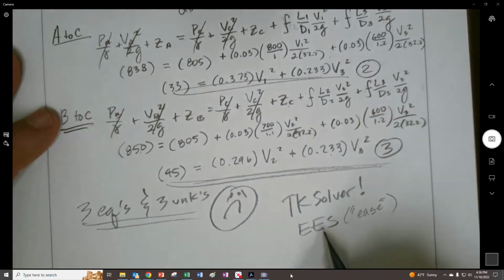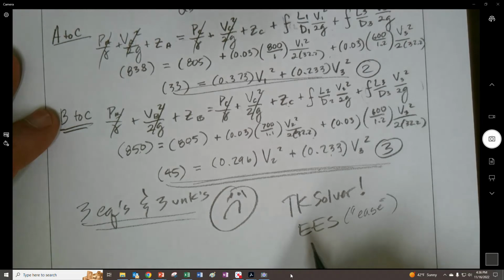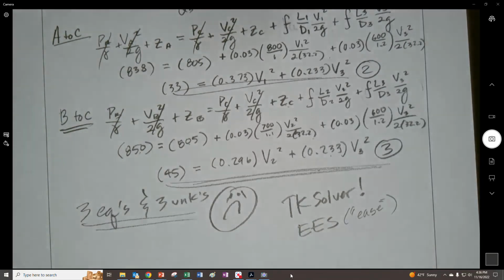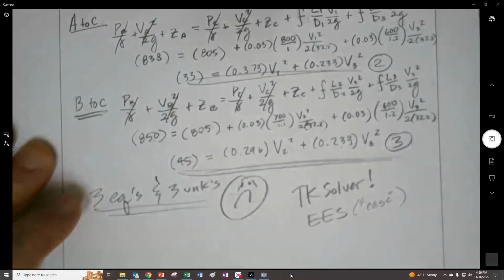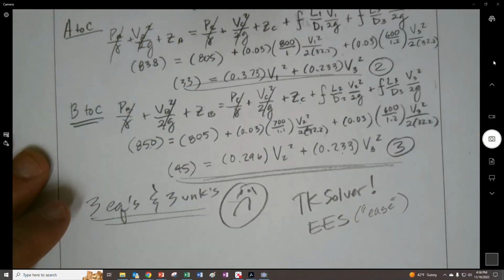They used to come with a lot of textbooks, but I don't think it does anymore. Like my Cengel thermo book, at least, used to come with this. It's a pretty nifty program, and it can do that multiple equation thing, but unfortunately we don't have that available to us.